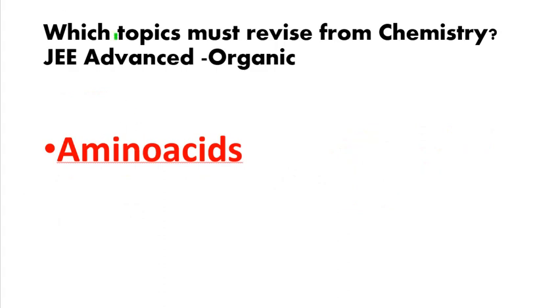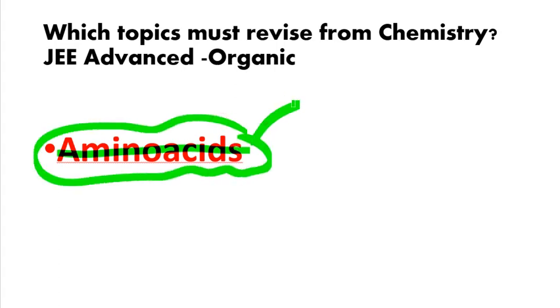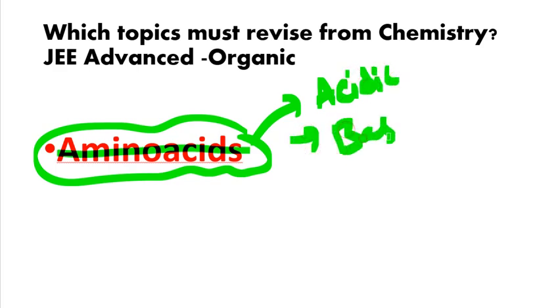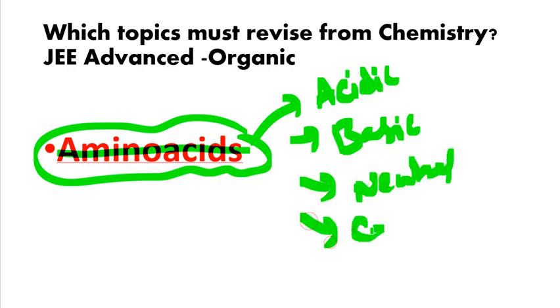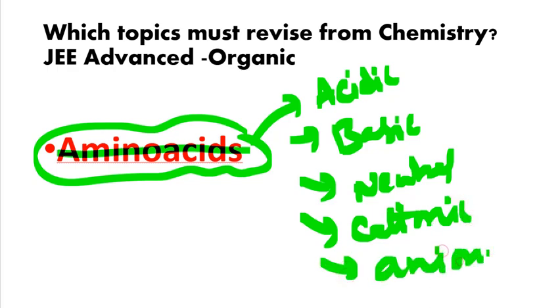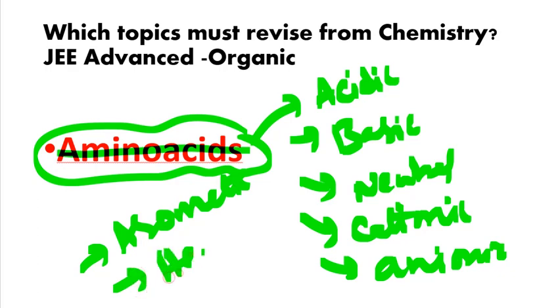Now, amino acids. Here, amino acids are very important and most frequently asked. So just look for acidic amino acids, basic amino acids, neutral amino acids, and cationic and anionic amino acids, and just look at aromatic amino acids, and also heterocyclic ring amino acids.